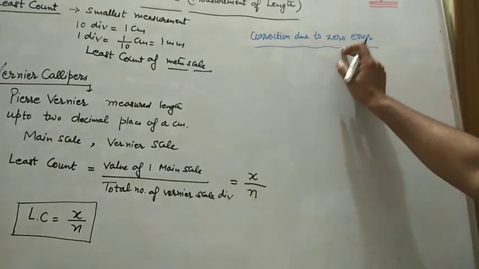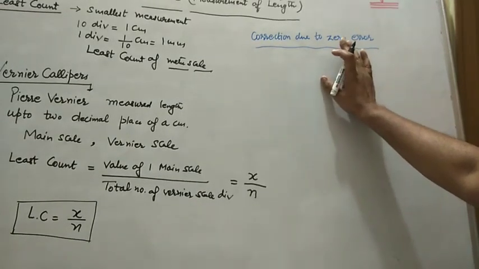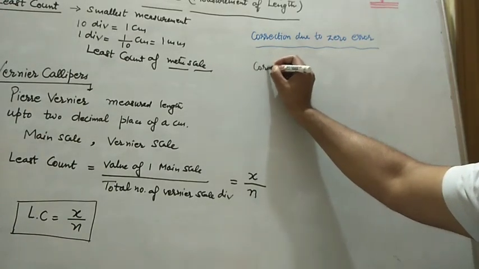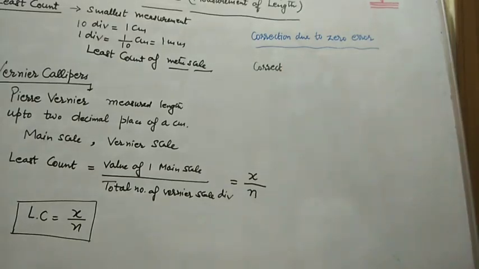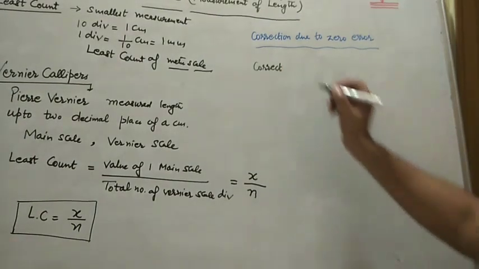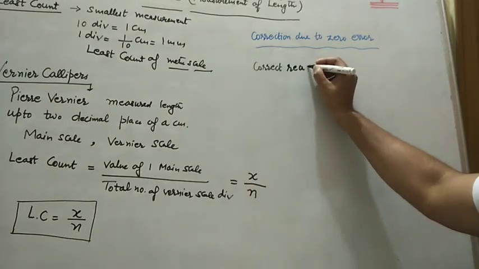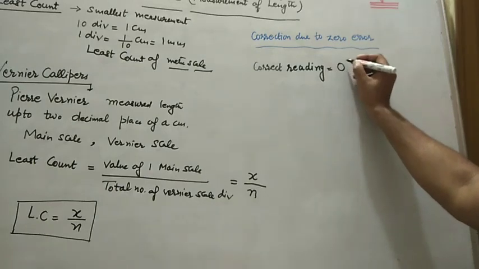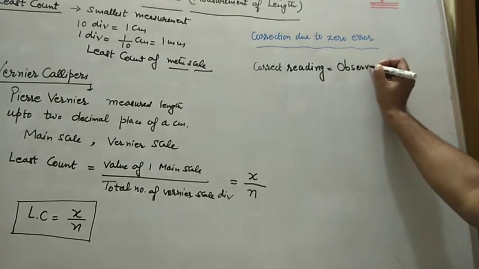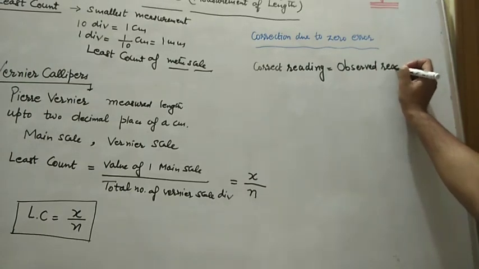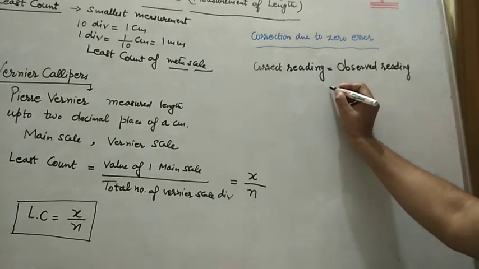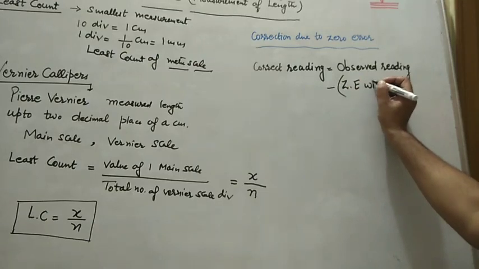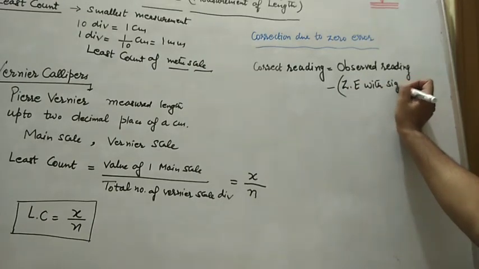Correction due to zero error. Suppose the vernier caliper has a zero error. For that, the correct reading is equal to the observed reading minus the zero error with sign.